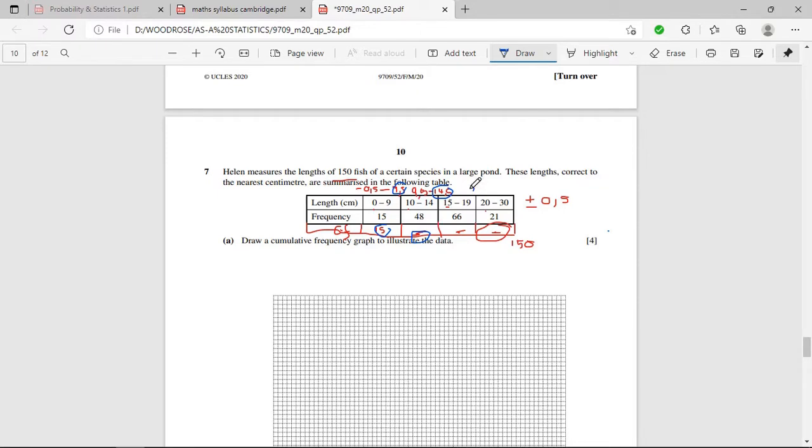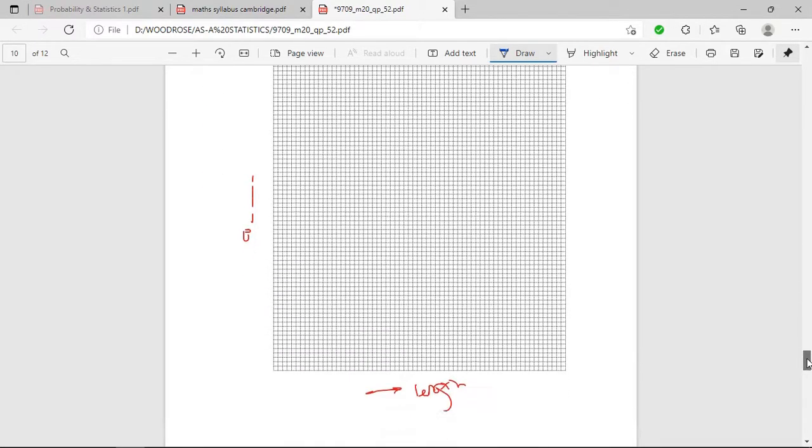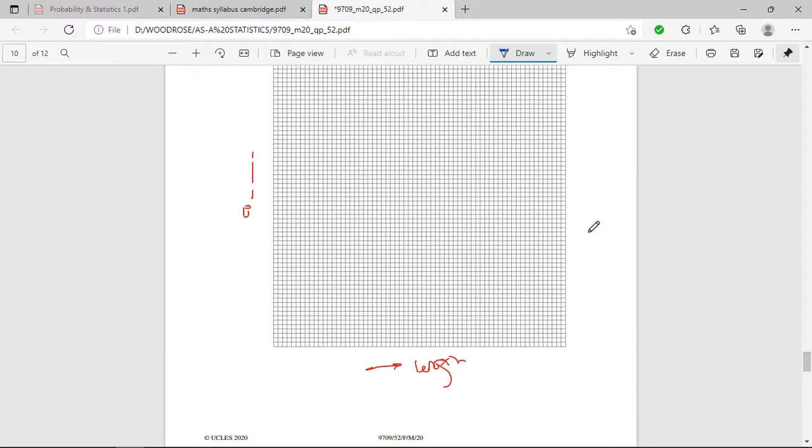And the next upper limit. Then you have to join by freehand. It will come up like a curve in this shape. I'm not saying this is the original, but if you join the points, you're going to come up with this type of graph.